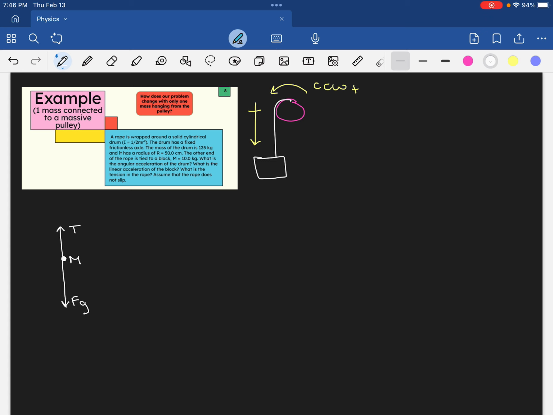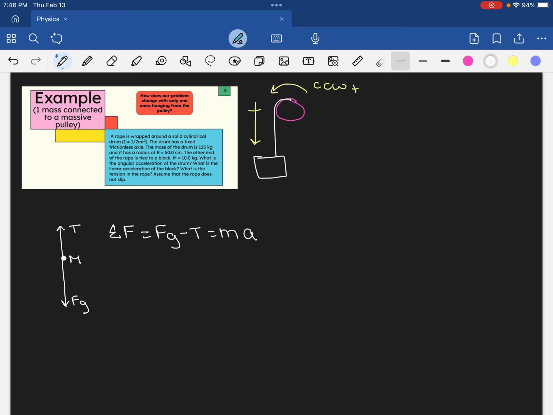Because we don't have two sides of this, I could just call this T. Writing Newton's second law, the sum of all the forces acting on the mass is equal to Fg minus Ft. And of course, we know that the sum of all the forces is also equal to Ma.